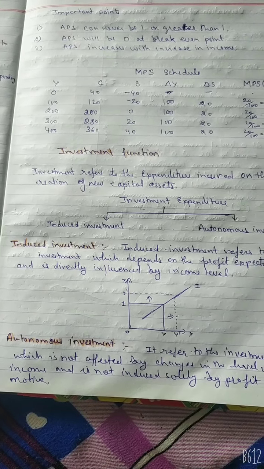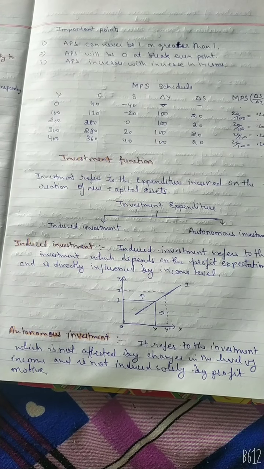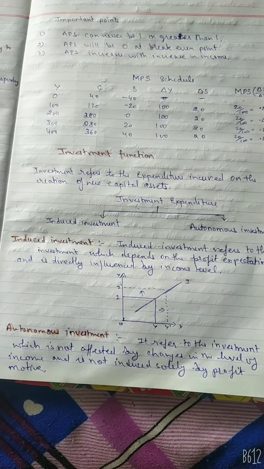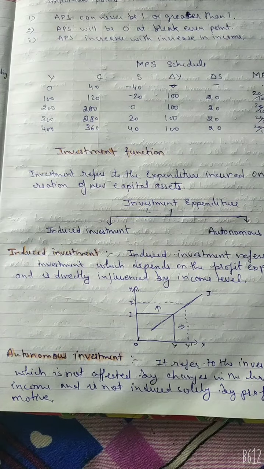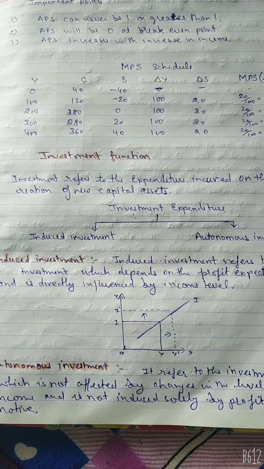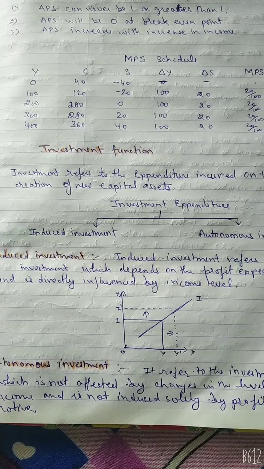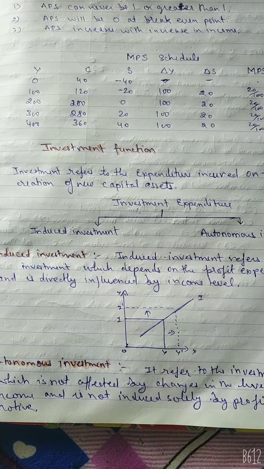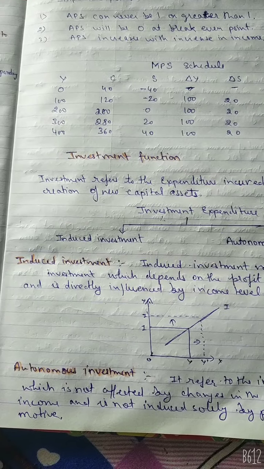Induced investment refers to the investment which depends on profit expectation and is directly influenced by the income level. It means it is induced by the profit motive, and it increases with an increase in income. It has a positive relation with income and is generally done by the private sector.